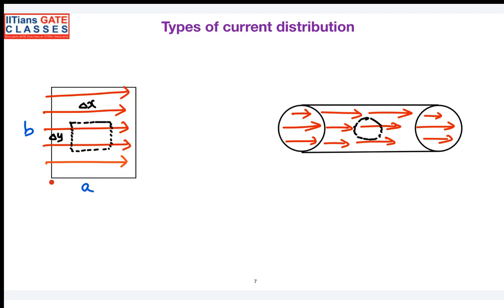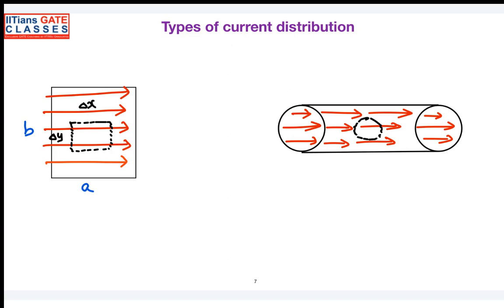The other kind of configuration is the surface current, as you can see in this diagram. Before discussing this, I will give an example. Assume this is a metal sheet and I apply a voltage across it. Based on the voltage and the conductivity of the metal, there is a current flow, and this time the current flows along the surface.